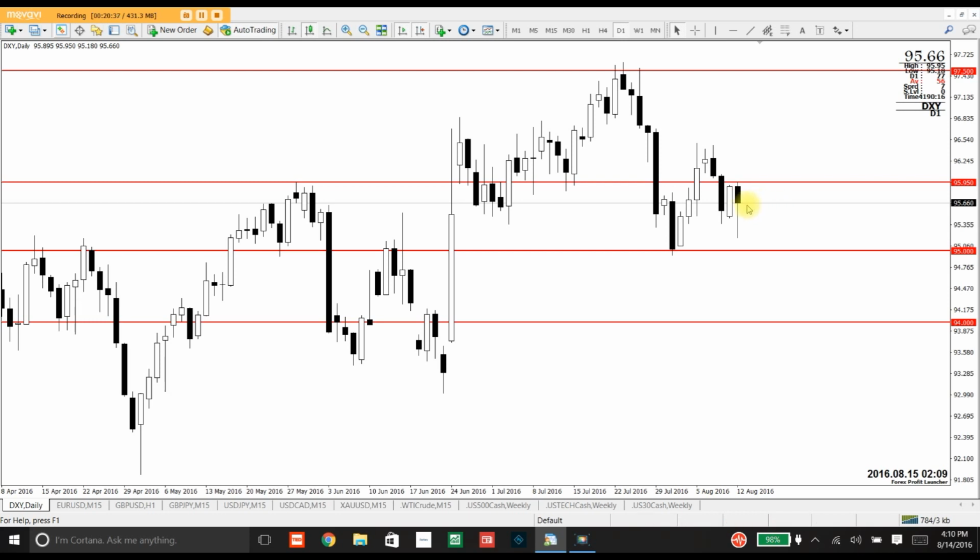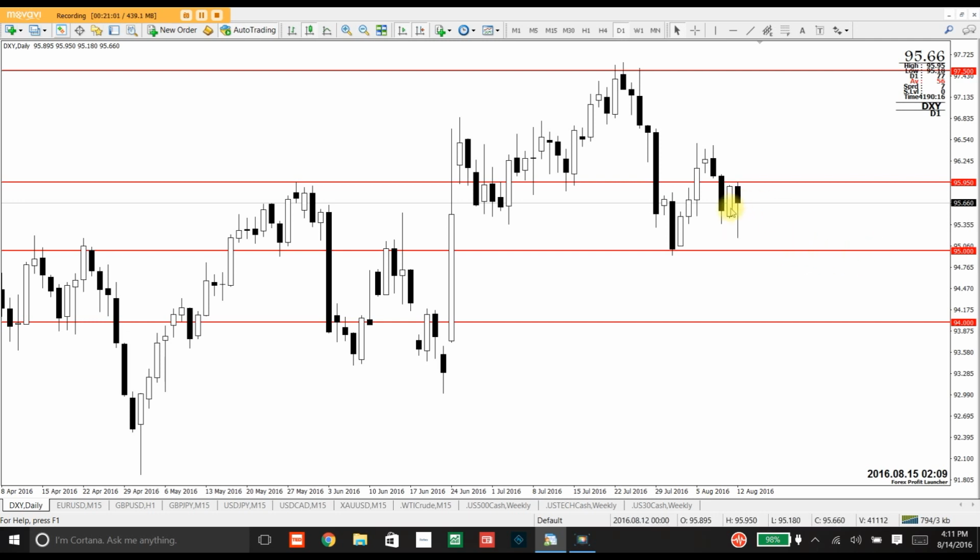As far as objectives go, we can expect this to trade down to most likely the 95 level. In the next few days, when the market opens on Sunday and Monday, I'm expecting the dollar to trade downward toward this level.